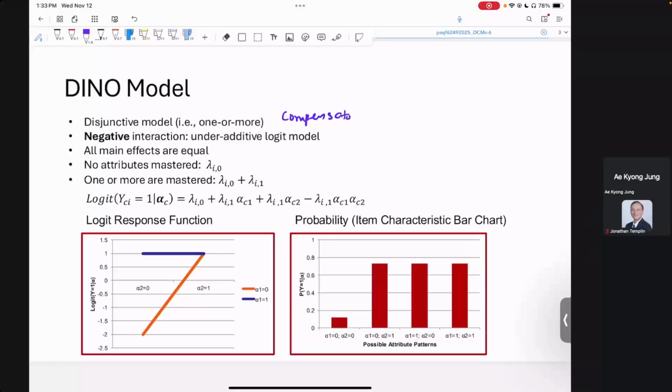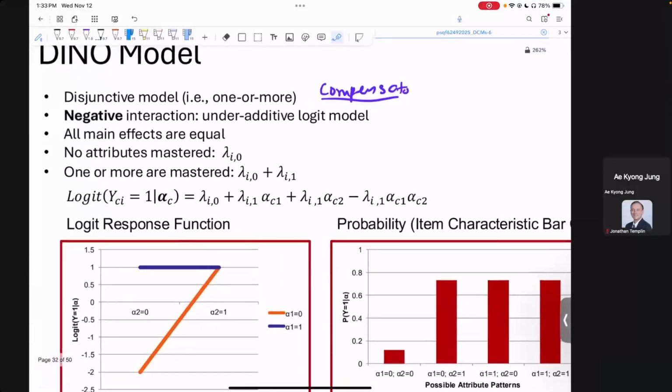It has a negative interaction, so it's under an additive logit model, and all main effects are equal. So if you see the equation here, the main effect for attribute 1 and the main effect for attribute 2 look the same. And the interaction is still the same as the main effect.